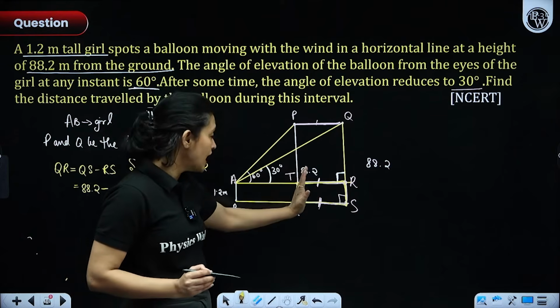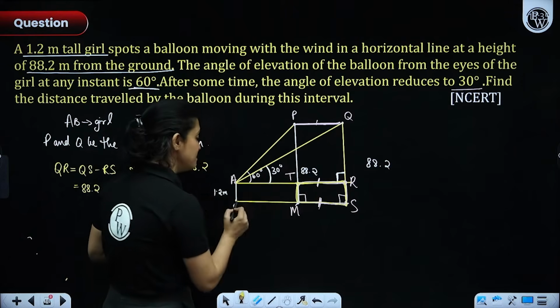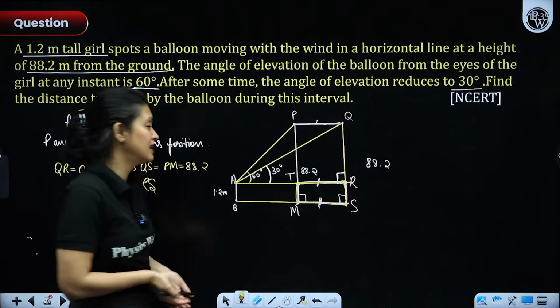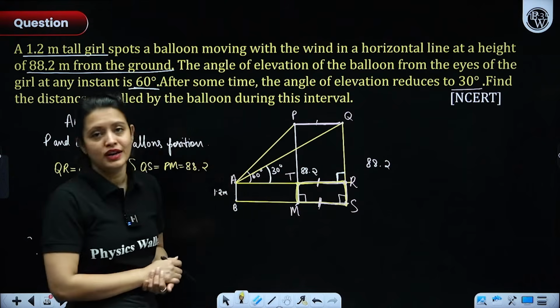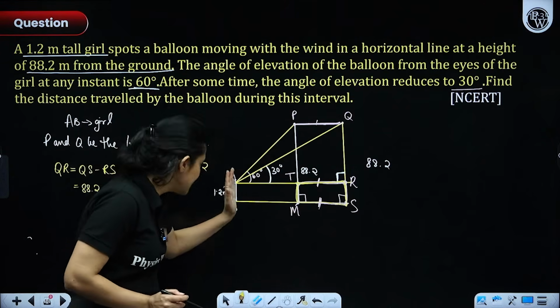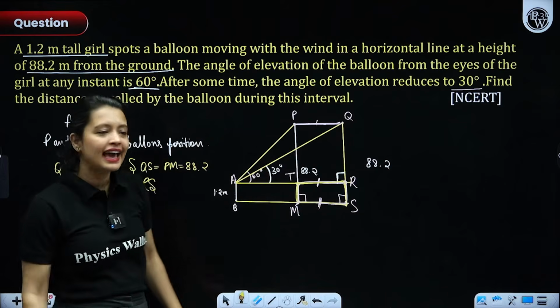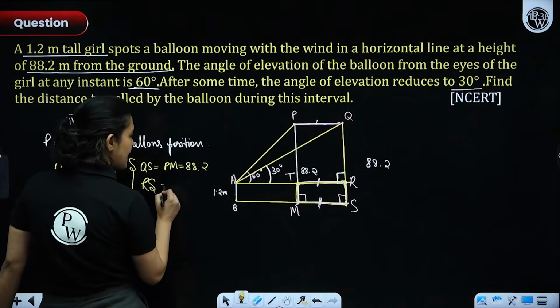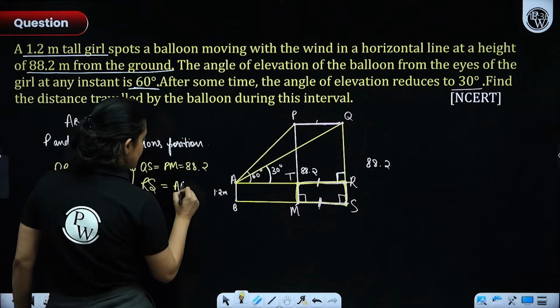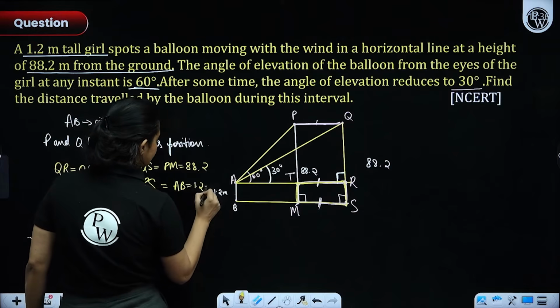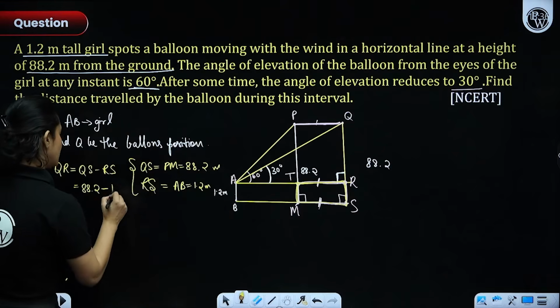And ATMB is also a rectangle, so TM and AB are equal. Ultimately, AB, TM, and RS are all equal. So RS is equal to AB is equal to 1.2 meters.